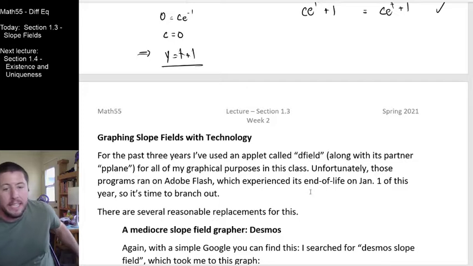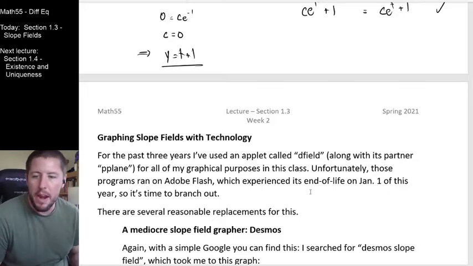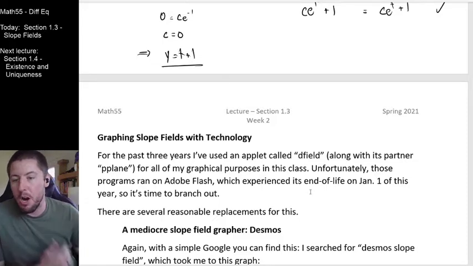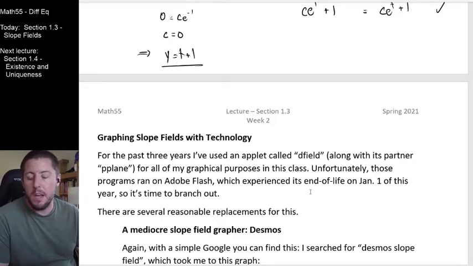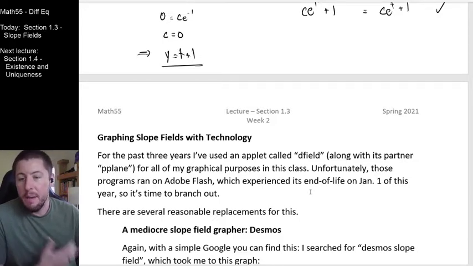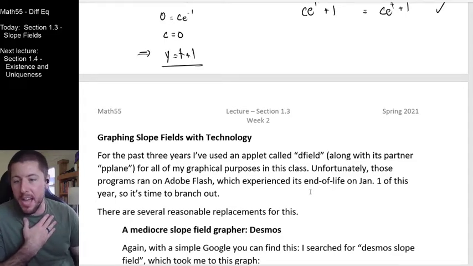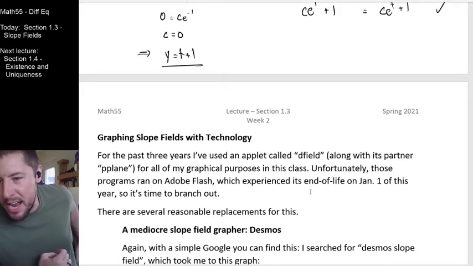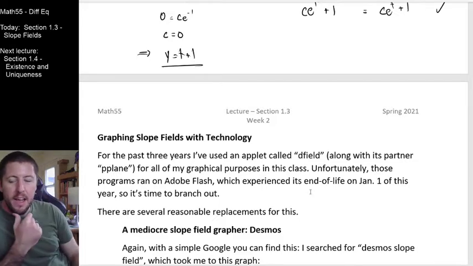The cool thing is that these D field P plane programs that I've been using in the past were in part written by the person that I replaced when I was hired at College of the Redwoods. Dave Arnold taught at College of the Redwoods for like 40 years. Coincidentally, I actually went to graduate school with his daughter in Montana, and this dude isn't just some college math professor.